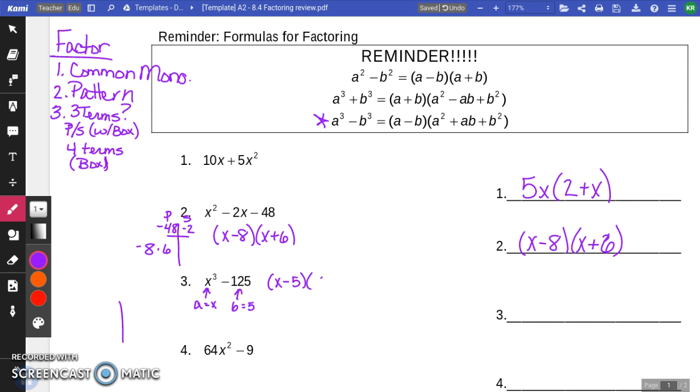Then a squared, that would be x squared, plus a times b. Well, a times b, x times 5, 5x, and then plus b squared. b is 5, so b squared, 25. Okay, and there is your difference of cubes factored.